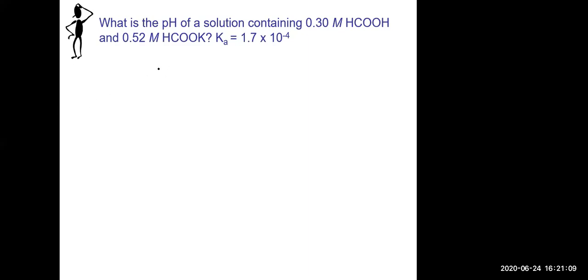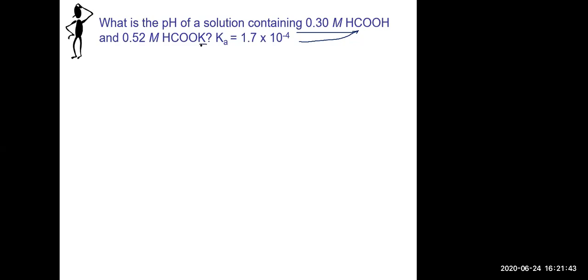We have two things here, and this is the Ka value from the acid. A couple of ways you could determine which one is the acid, which sometimes gives people a little difficulty. Typically the acid is something that can donate an H+, which means when comparing the two, it's probably the one that has more H pluses. If you look at HCOOK versus HCOOH, the second has the extra H, which means it's an acid.